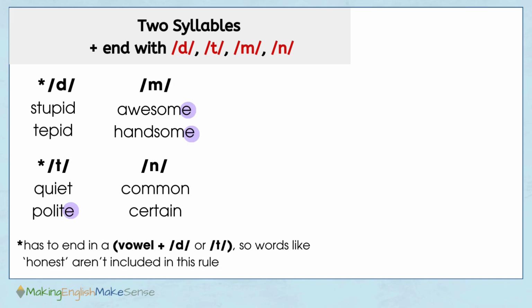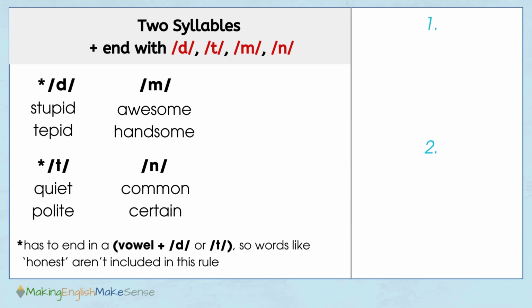Notice too that polite, awesome, and handsome all end with the letter E. However, that E is silent, so those adjectives are still included in this category because, remember, we're considering the final sound in the word, not the final letter.